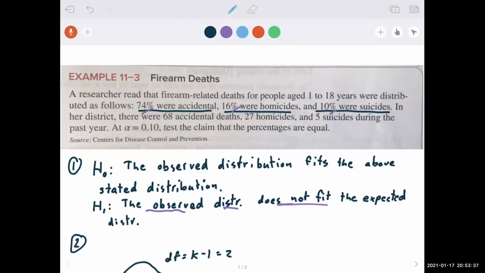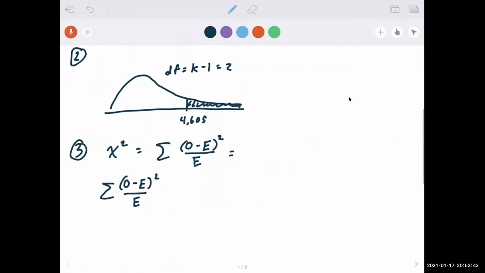Okay, so what we should be seeing here for step 3, we did this calculation, our chi-squared value, it worked out as 10.549 is what we said. Okay, so what does that mean?